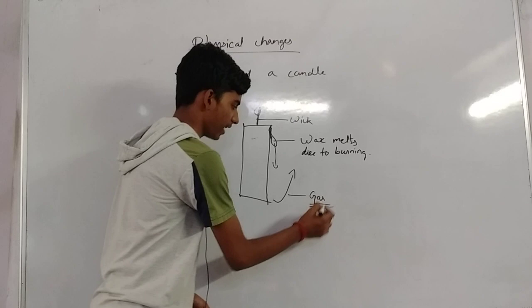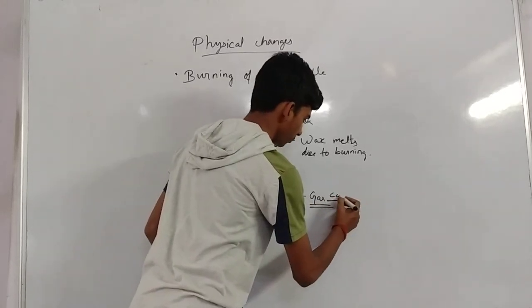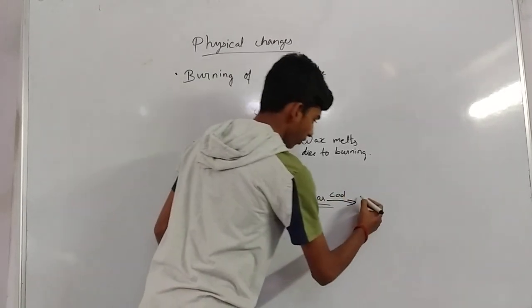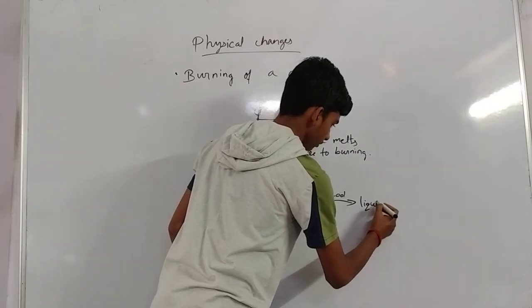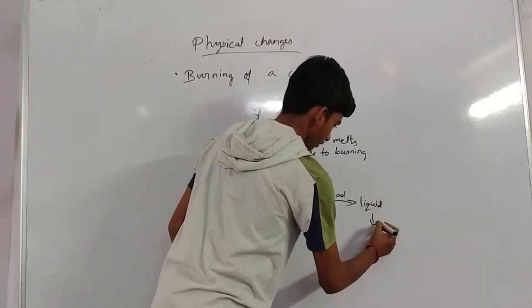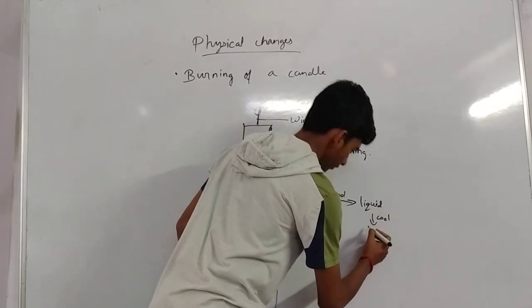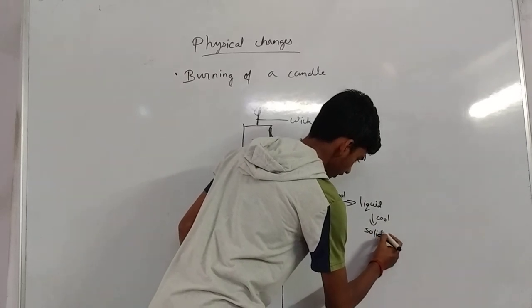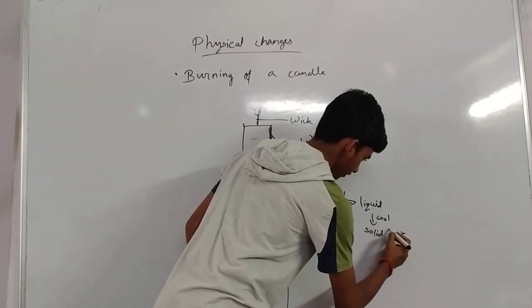If we collect this gas and allow it to cool down, it will again form into liquid, and if we cool it further, it will turn into solid wax again.